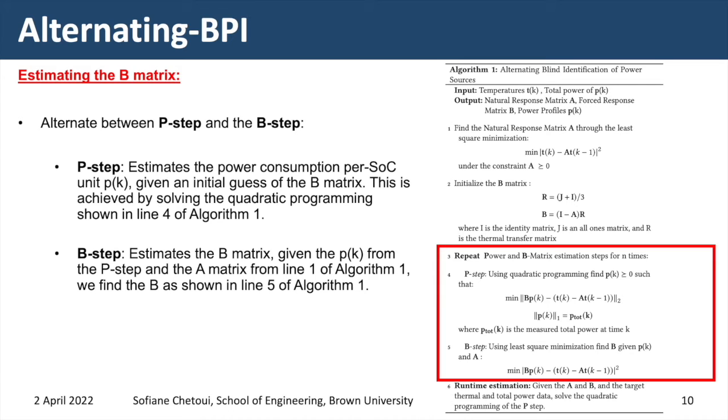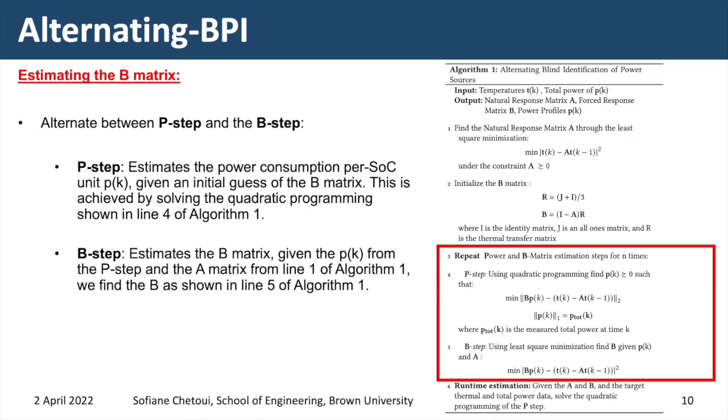We try to minimize this equation derived from the state space model, B times Pk minus Tk minus A times Tk minus 1, such that the total power consumption of the different units at time k is equal to the total power given as input at time k.